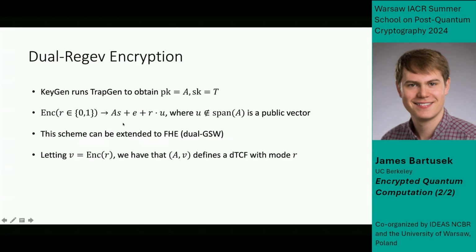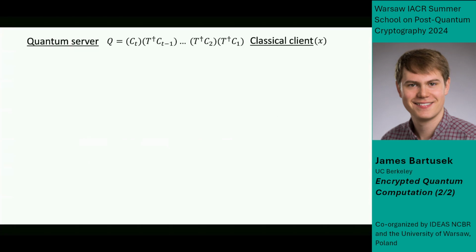If R is 0, V is just AS plus E, so close to the column span of A. Whereas if R equals 1, this vector is shifted by some fixed vector U that takes it outside of the span of A. Okay, so that's exactly the construction that we saw. So this is the central observation, and now how are we going to use this observation?